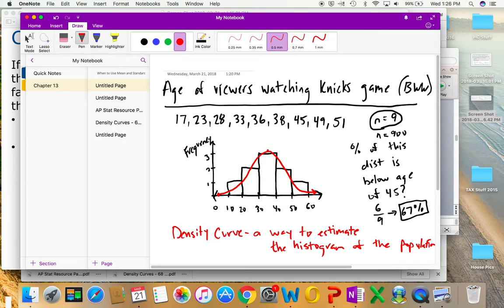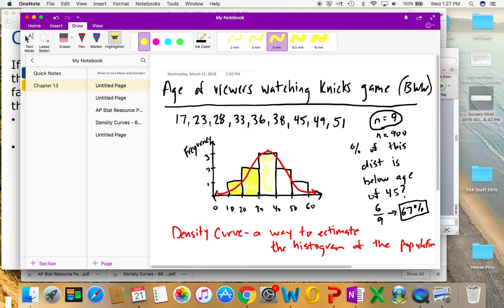Now, a couple things about this density curve. It represents 100% of the population. It's a continuous histogram. If I was looking at the ages of 900 people, all 900 of those ages would be captured by this density curve. Likewise, in this histogram, is it safe to say that 100% of my sample is in this histogram?